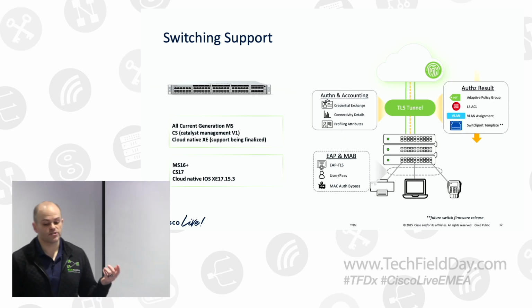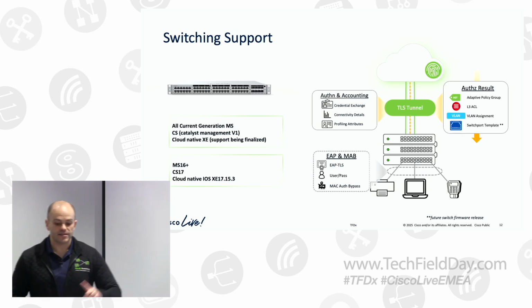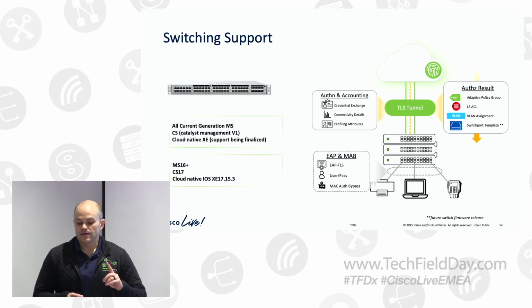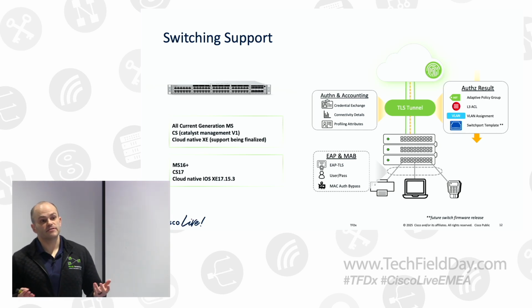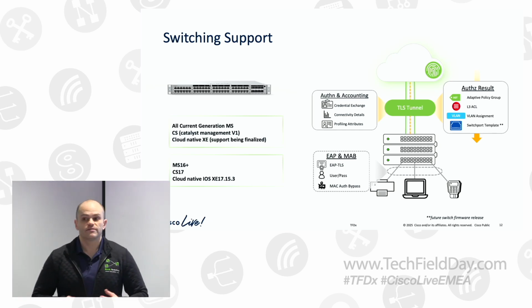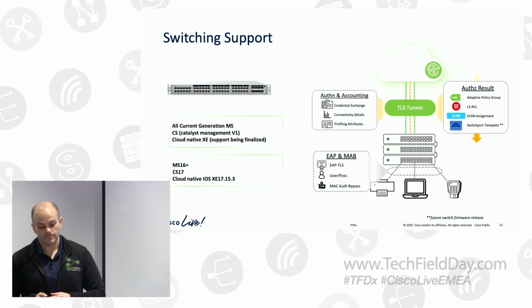And from an authorization result, fairly straightforward: SGT, ACL, VLAN assignment. We're going to be supporting switch port templates or interface templates so that you can also automate configuration. You could do MAC-auth and still automate the port config, or have full .1x, making sure that your network's locked down, but you still get a lot of that automation and capability.